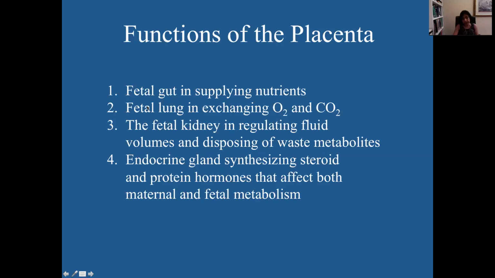So placenta can be the fetal gut, feeding the fetus is one thing that it does, and then it can be the fetal lung, where exchange of gases between the placenta and the fetus occurs. And then it can be referred to as the fetal kidney because the placenta allows the exchange of wastes between the placenta and the mother. And it is an endocrine gland because of its ability to secrete a variety of hormones.